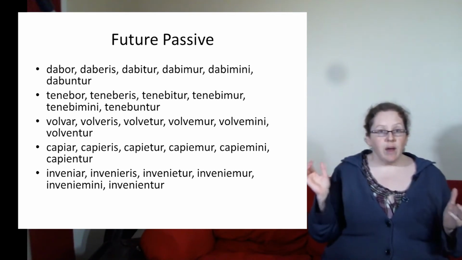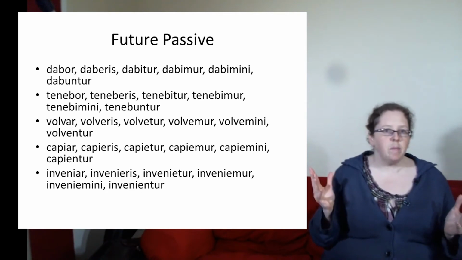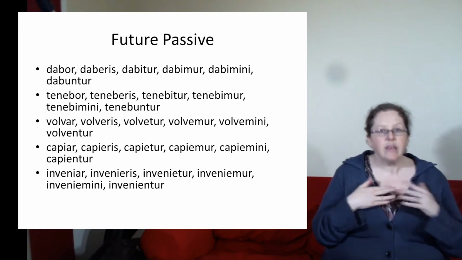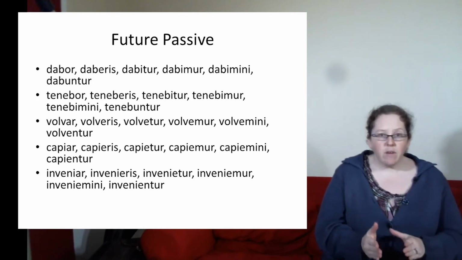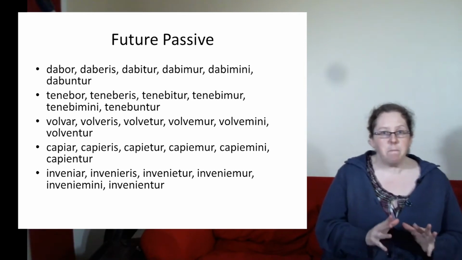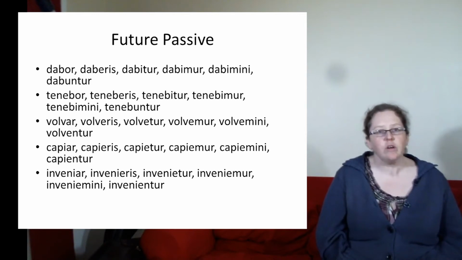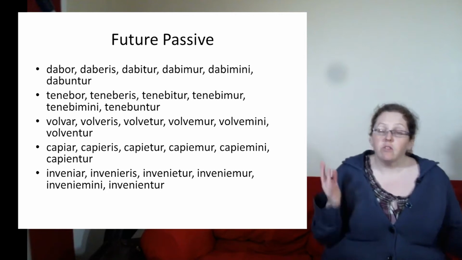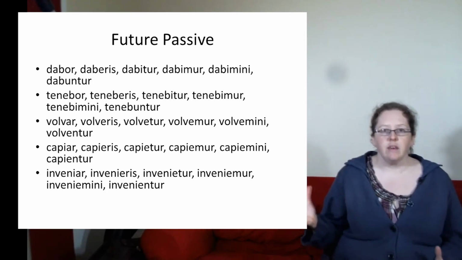If we have a sentence like, let's say, do casa, I give a house, I am the subject of that sentence, and I am doing the giving. But if we flip that around and make that a passive sentence, we could say casa datur, the house is given. The house isn't doing the giving, right? Somebody else is doing the giving.